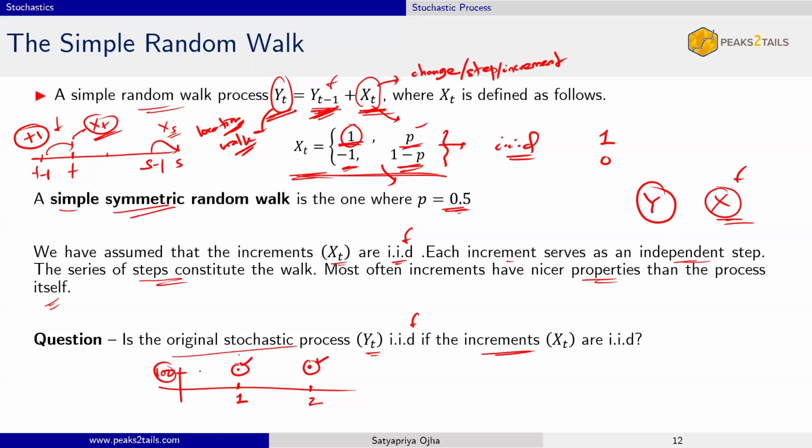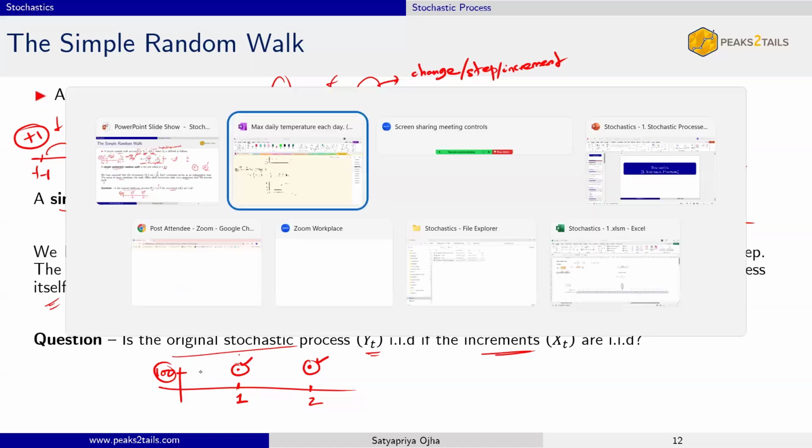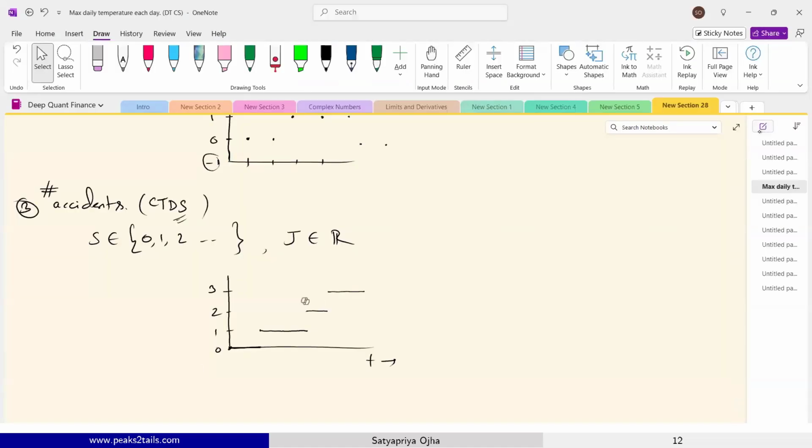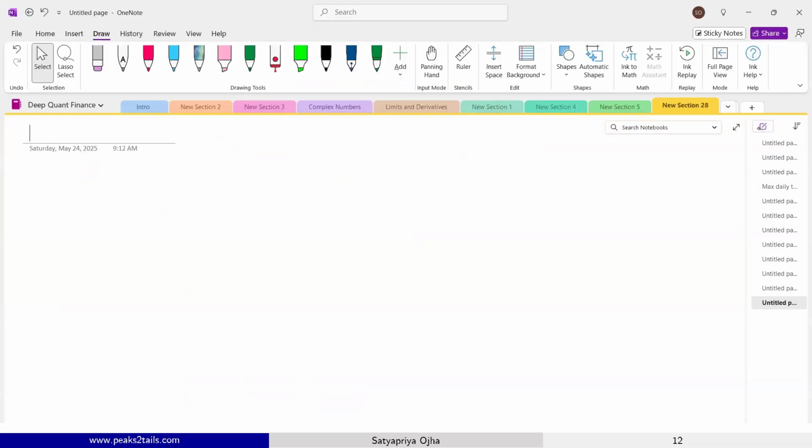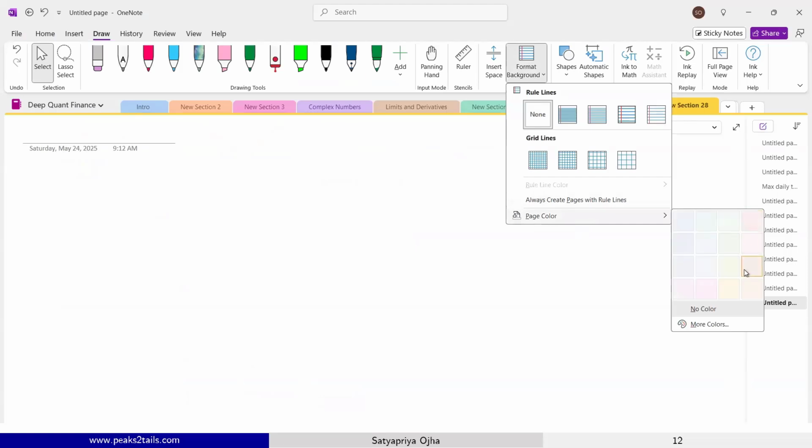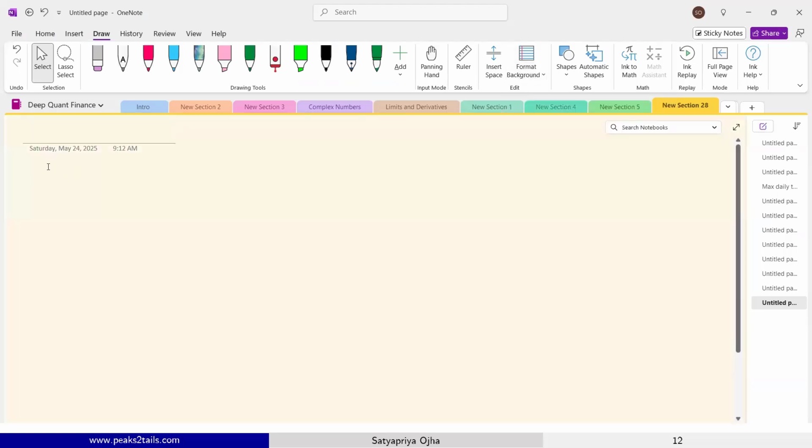To prove that it is not IID is very simple. Let me show you. To show that it is not IID, if you can showcase just an example, that is also fine, that it fails the IID condition.